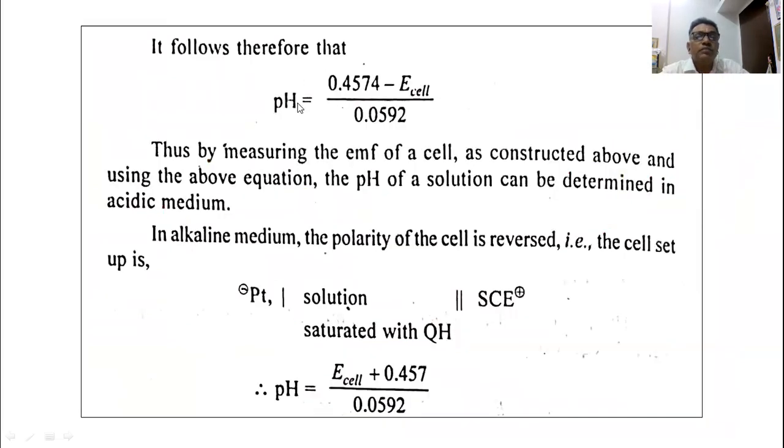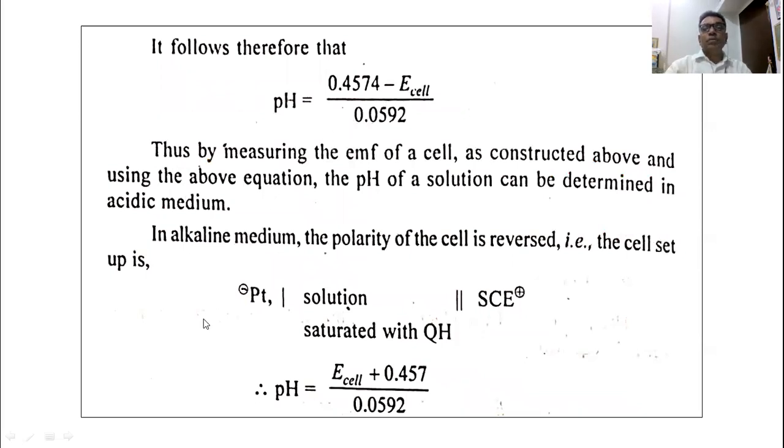So we get this equation here, pH equal to 0.4574 minus EMF of the cell divided by 0.0592. So in this way, by measuring the EMF of the cell, we can calculate the pH of the solution using the quinhydrone electrode.